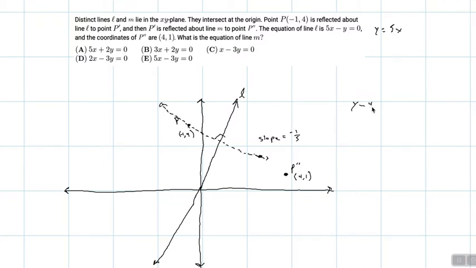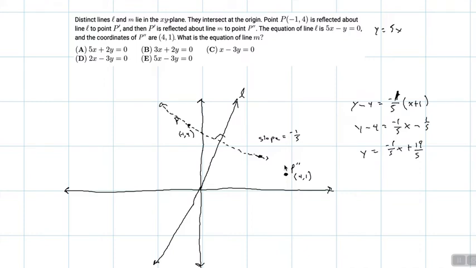So y minus 4 equals negative 1/5 times x plus 1. Solving this out, we get y is equal to -1/5 x plus 19/5. So that's the equation for that line.